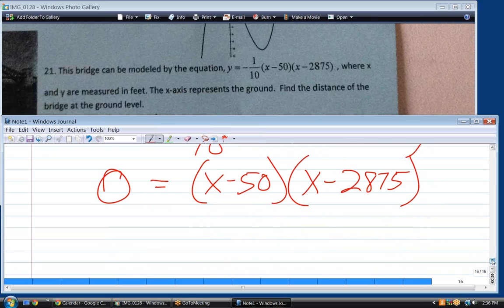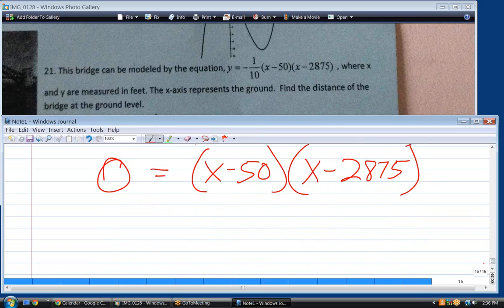Now, what's going to make the product of these two things equal to 0? When you multiply two numbers together and get 0, what does it mean about at least one of those numbers? It has to be 0.